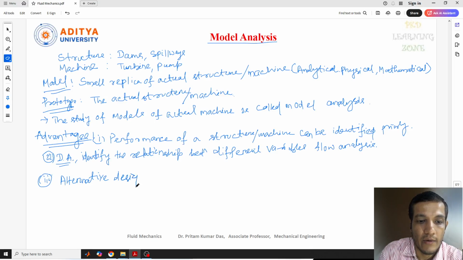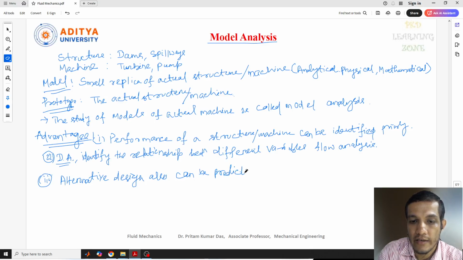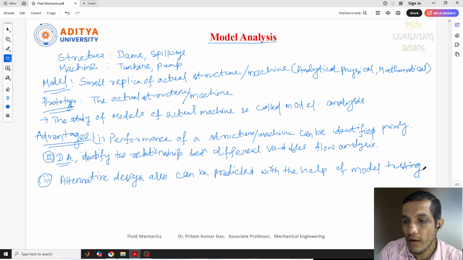So we can write one more: alternative design can also be estimated, or predicted, with the help of model testing. Once you create a model, we test the performance of this model. Similarly, some alternative designs can be made by changing this model, and we can go for other testing.